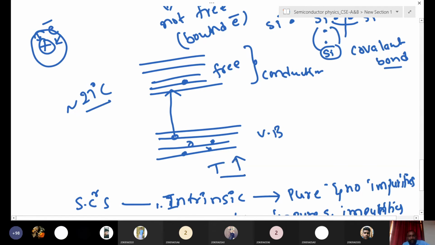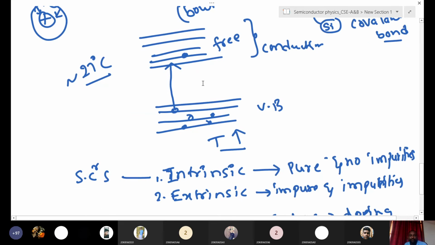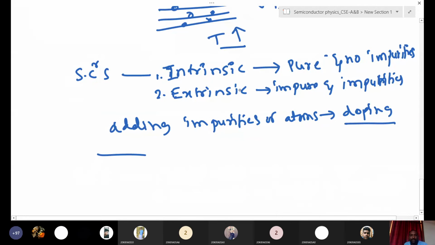If you increase the temperature, the available electrons in the valence band jump into the conduction band and become free. Then we get current. So in an intrinsic semiconductor we get current only due to temperature, which means less current and very low conductivity. To increase conductivity, we add extra elements. That's why we dope a semiconductor.